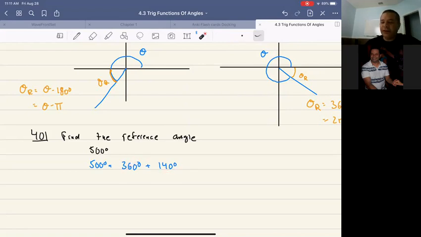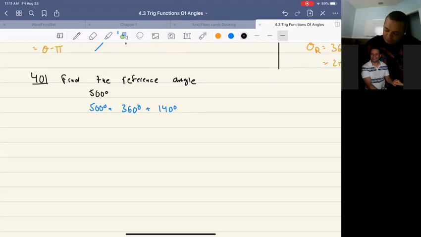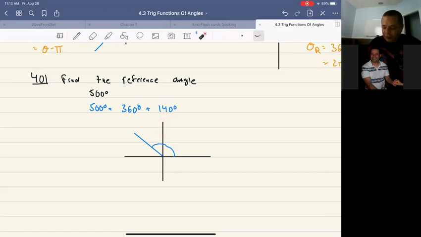Well, where's 140 degrees? Basically right about here. You know that 140 degrees is bigger than 90, so it's bigger than a quarter of the way around, but it's less than 180.